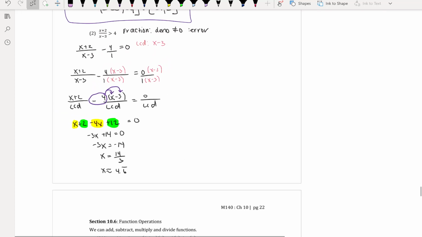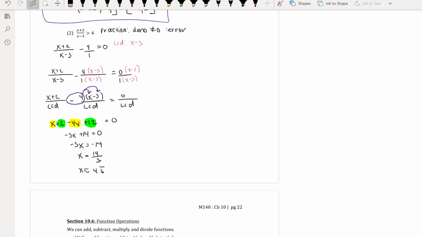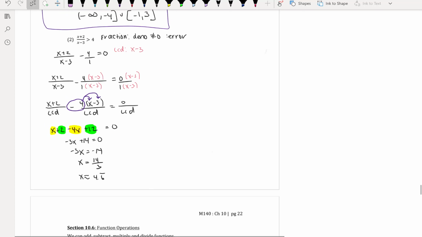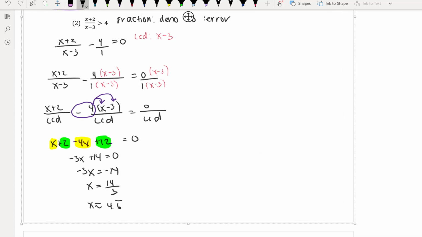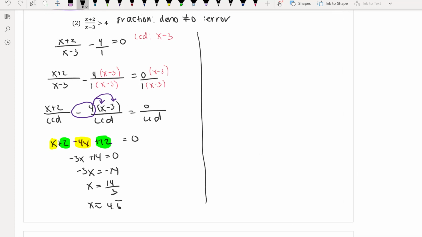Let's make this a little bit bigger. There we go. So now I have found my boundary points. And I have two of them. I have x is equal to 14 thirds, and I also have that x is equal to a positive 3. You might be wondering, where did I get that x is equal to positive 3?